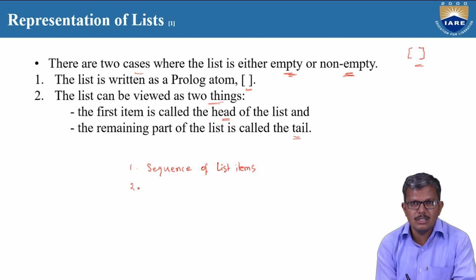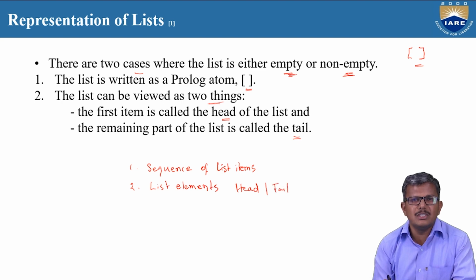So what is the second understanding? Every list's elements are going to be organized in the form of a head and a tail.